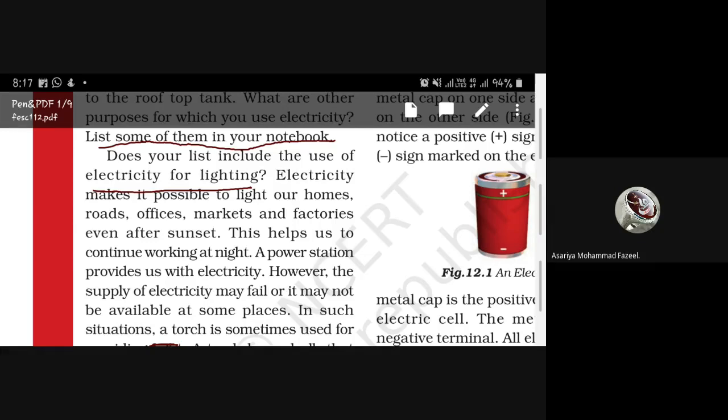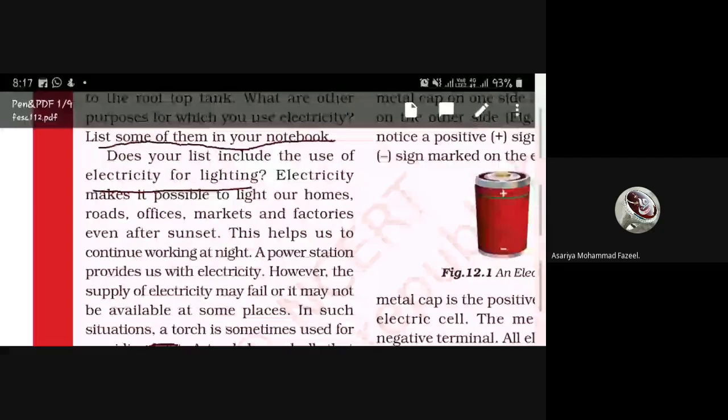Electricity will help us to continue working at night. Because of darkness we can't see anything, but with the help of electricity the light will get power and it will be luminous. So we will be able to work at night.